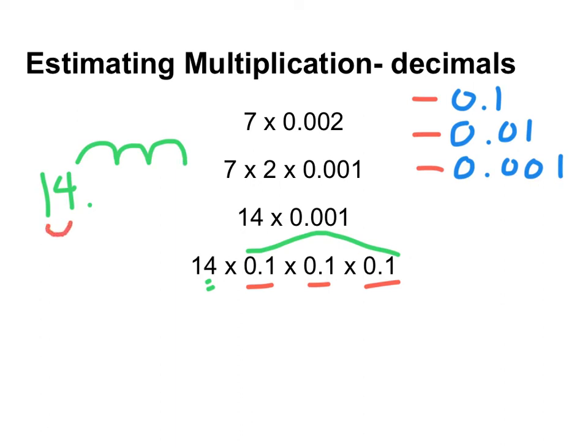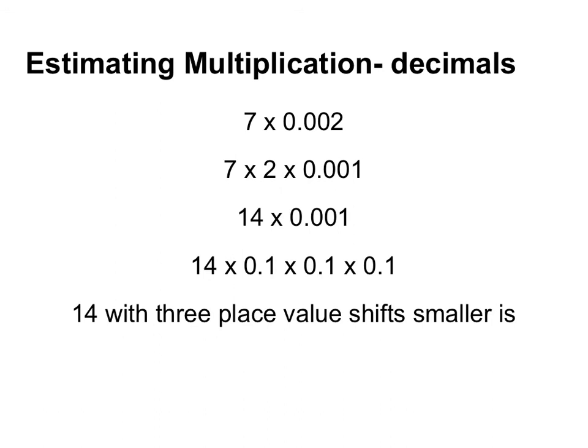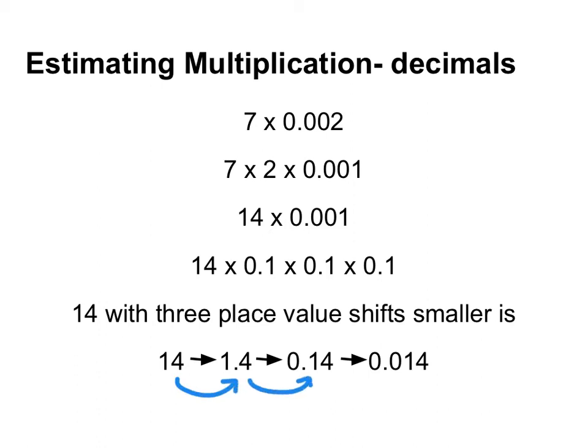It's going to go to the ones, the tenths, the hundredths. So 14 with 3 place values shift smaller. I broke down the shifts so you could see them. So here is with 1 shift, shifted another time, shifted another time. So 7 times 2 thousandths is 14 thousandths.